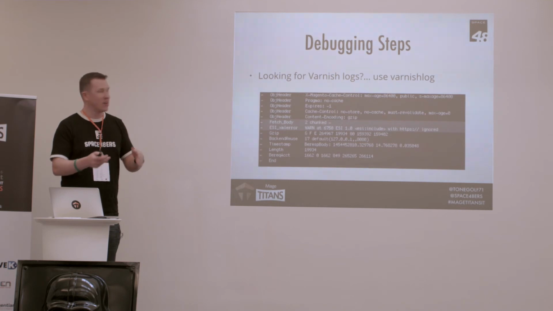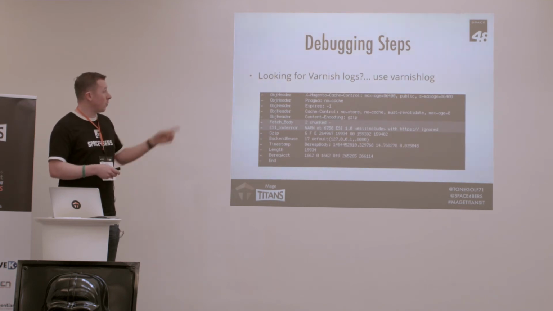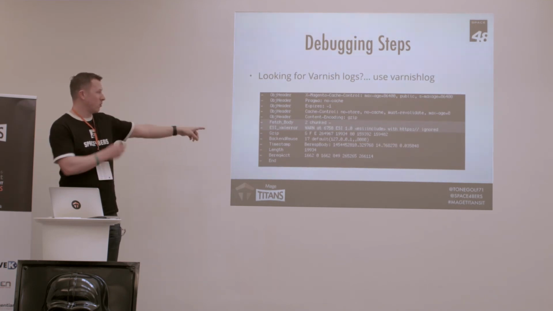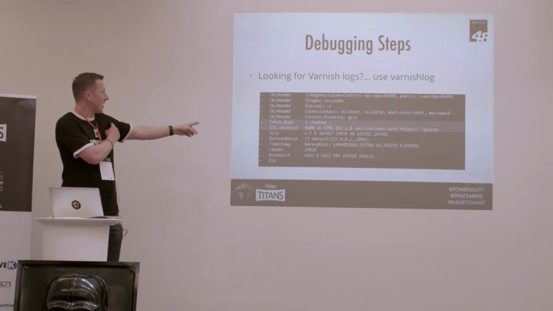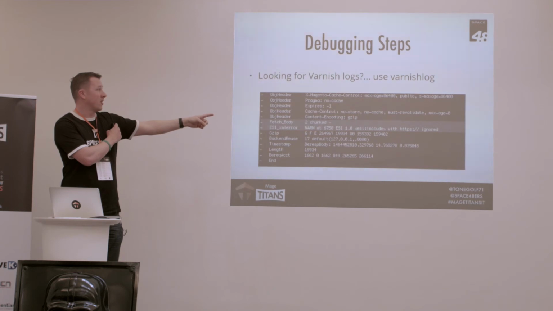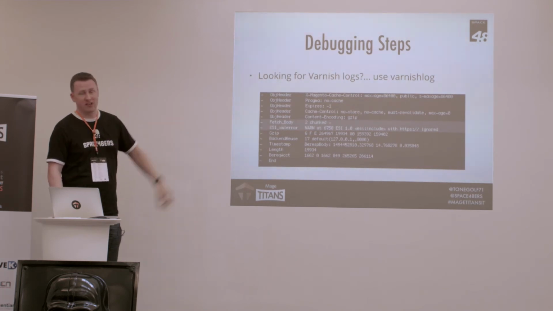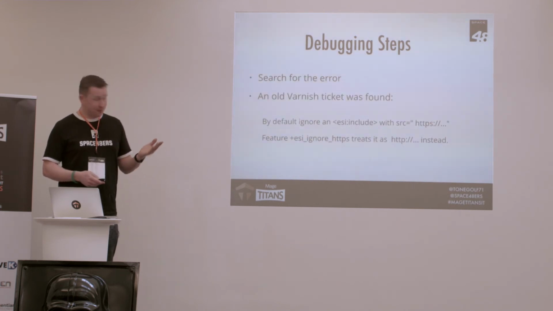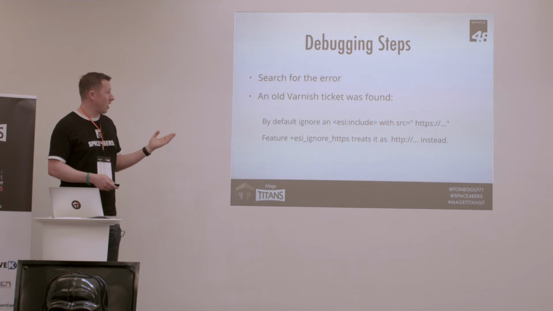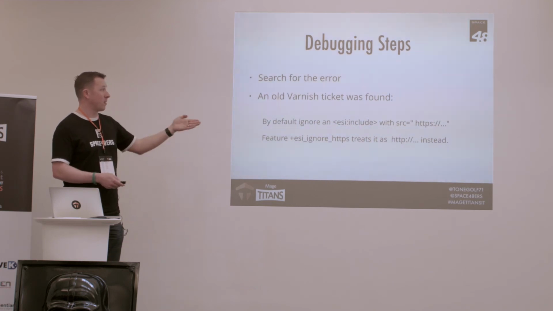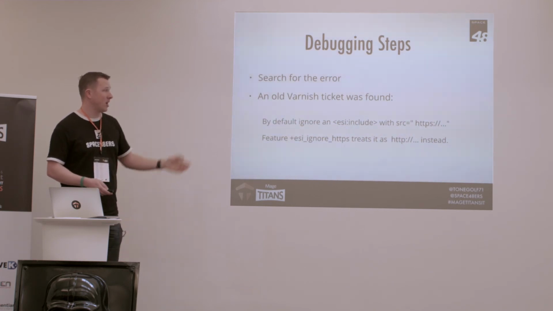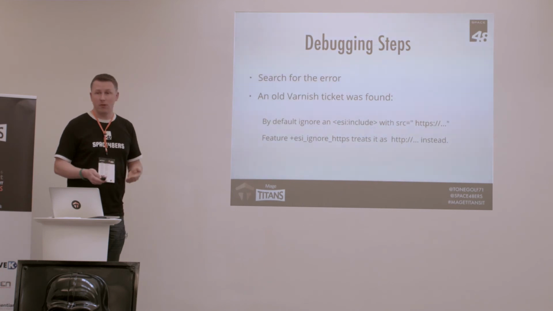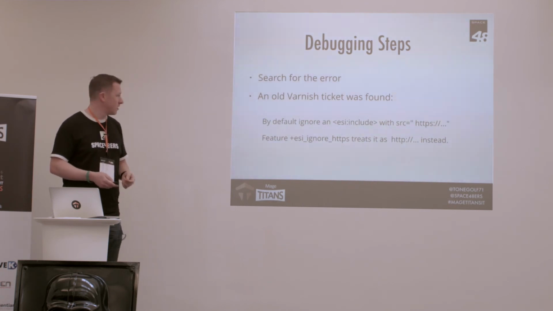That meant only the page was being requested. And what I saw then when I looked into it was this, which kind of says what's going on. It was saying edge side include XML error with HTTPS ignored. I didn't really know what that was, so I searched for it. And I found an old Varnish ticket that basically spelt it out again, saying by default, edge side includes won't be processed over HTTPS.